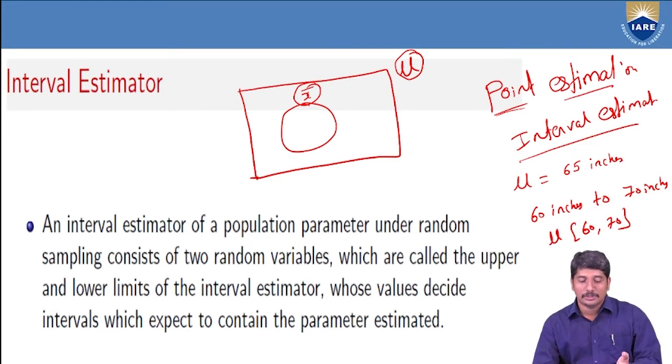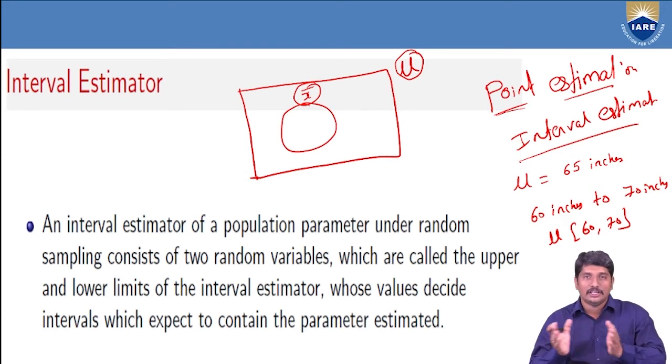Interval estimation gives us the advantage of having a flexibility of a margin. Of course it is not as precise as the point estimation, but we have the flexibility of giving a margin towards the right and the left. That is called interval estimation.